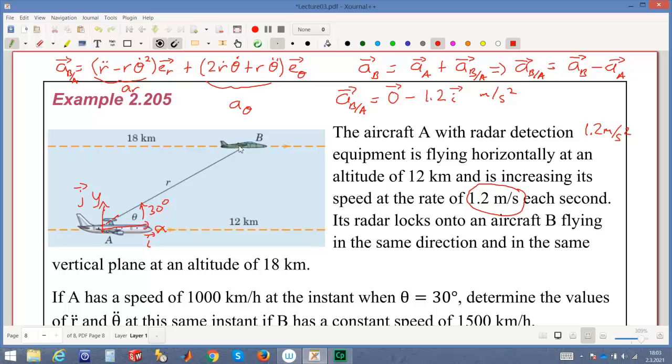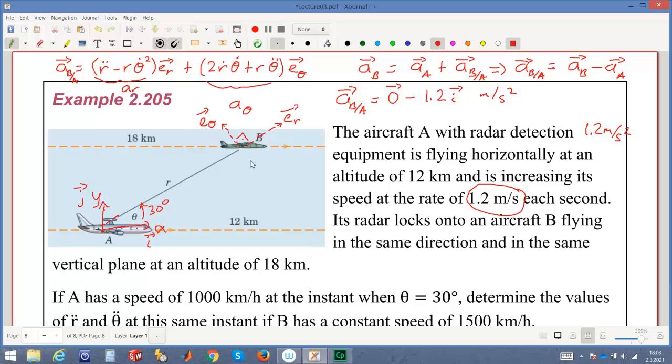Well, first off, I need to find out these e r and e theta unit vector directions. How do I do that? Well, this is my r vector, and along the r vector, along this direction, there is the e r unit vector, and theta is defined from this x-axis at 30 degrees in this way. Therefore, the direction at 90 degrees to e r will be e theta.